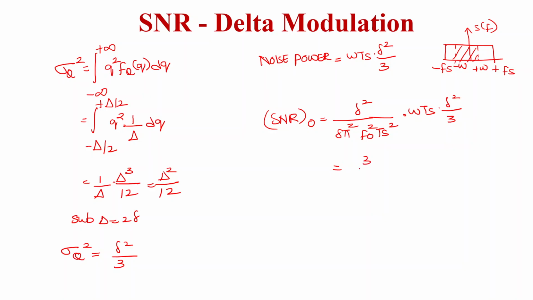By cancelling the terms, I finally end up with the expression 3 divided by 8 pi square f0 square W Ts cube. The maximum output SNR of delta modulation is inversely proportional to the sampling rate cubed, under the assumption of no slope overload distortion.